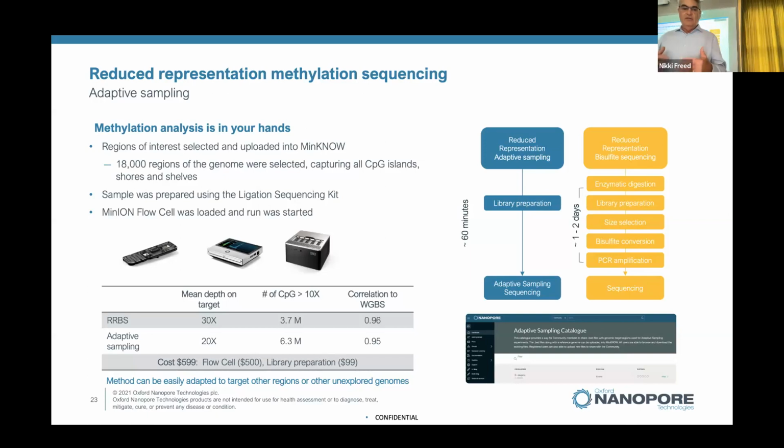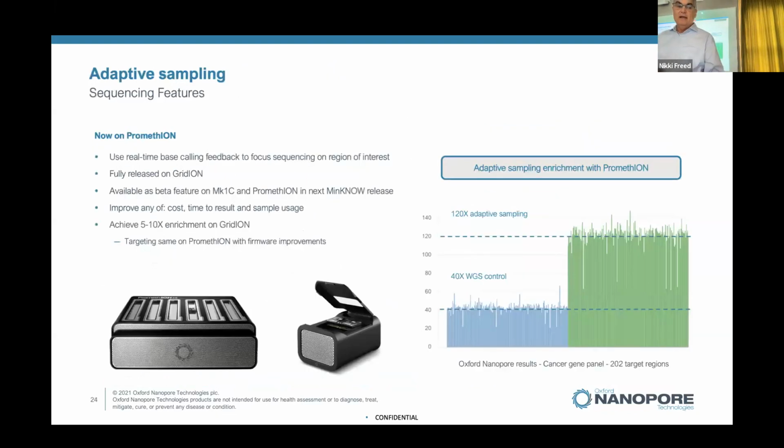All the islands, shores, and shelves on the human genome run on a MinION flow cell will generate 20-fold coverage, 6.3 million targets, compared to bisulfite, which has about half that number of targets. And if you look on the right-hand side, the sample preparation is really simple, and you can change it every day if you want to change that target file. So you can really do it on the fly. And there are some nice applications that can take advantage of that.